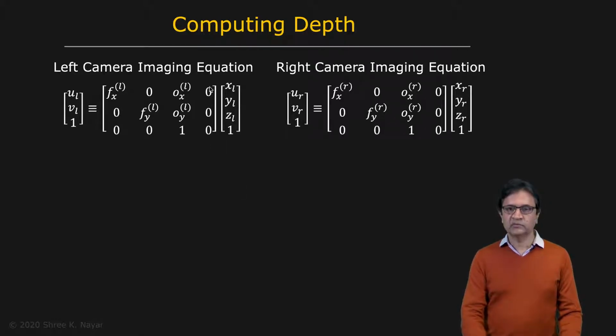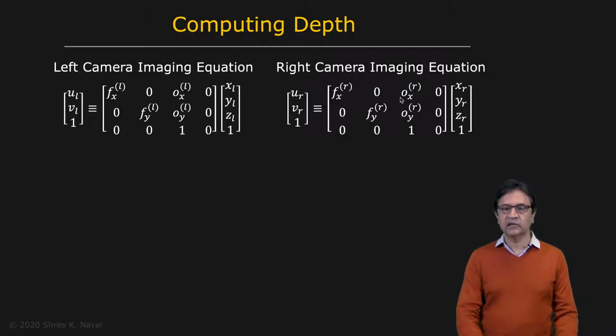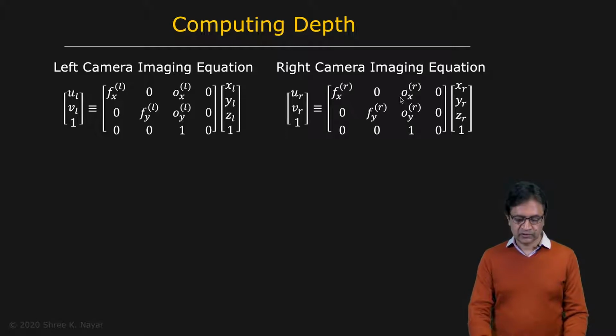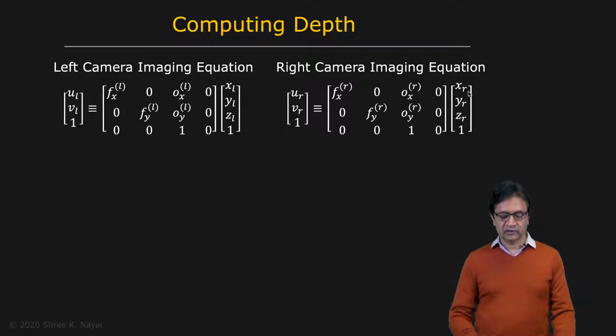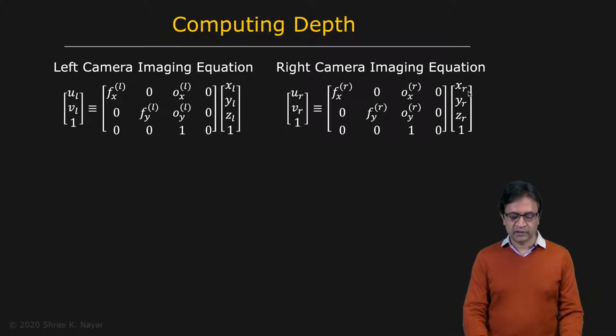And these matrices we have seen before. This is the intrinsic matrix for the left camera and the intrinsic matrix for the right camera. Both are known to us. What we're trying to find here is, using UL and UR, we want to find XL or find XR. It doesn't really matter which coordinate frame we compute the 3D coordinates in.